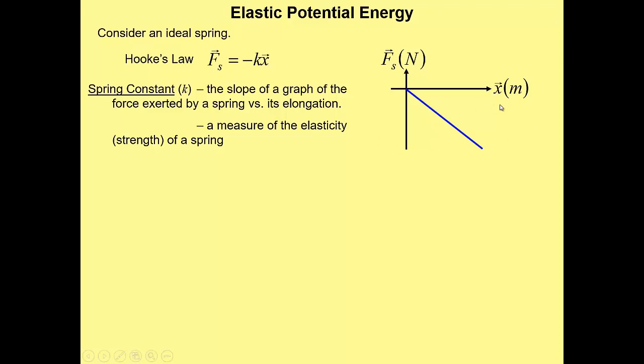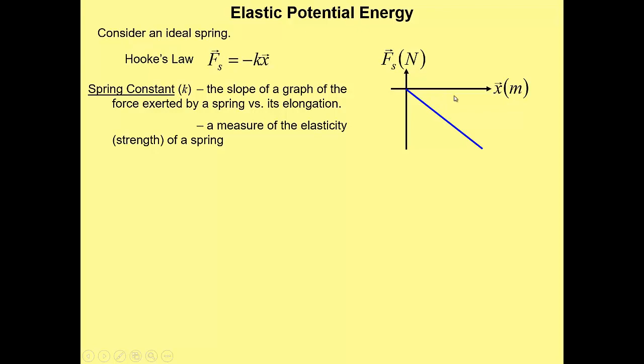So what is there on this graph that gets bigger and bigger as you stretch the spring further and further? Some property of this graph. Well, you might be tempted to say the slope, but notice the slope is actually constant. The graph is straight. But look here.